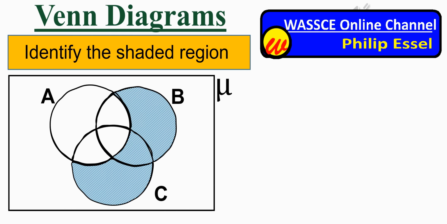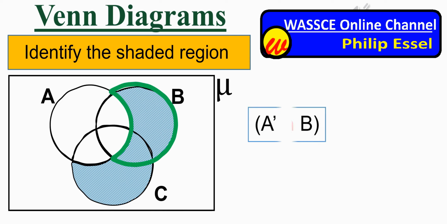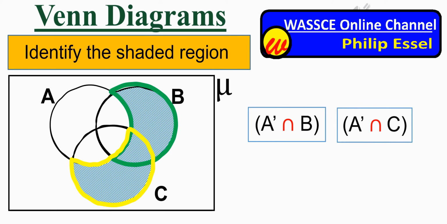Let's identify this region. This is the first part of the region. It is A complement intersection B. I believe you remember this. Now let's look at the second part. This is the second part, and it is A complement intersection C, which means C without A. Now the two regions will merge together to form a single region.